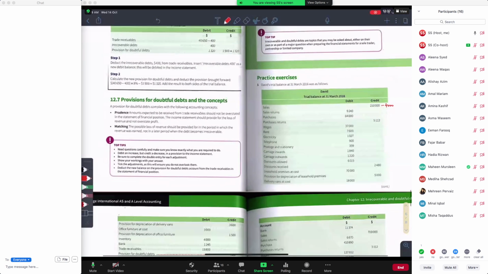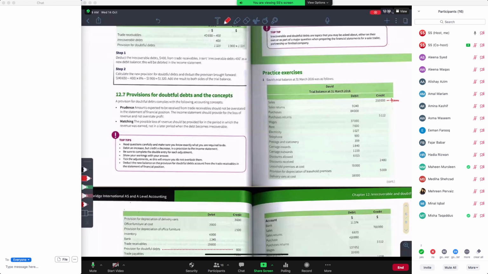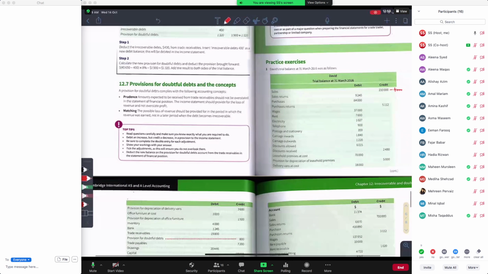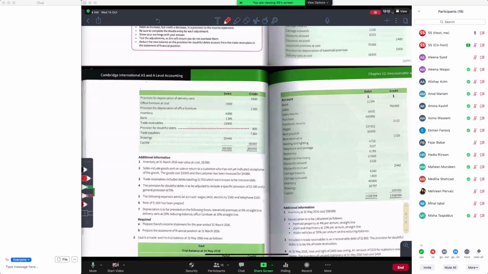Sales are overstated because they include a sale of goods which never actually happened because you never received any confirmation from your customer. So your sales value includes a certain amount of sales which never actually took place. So we should adjust this sales value and we should subtract $4,000 from there. Give me a green check if you do understand that, right?